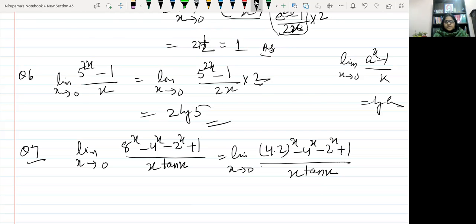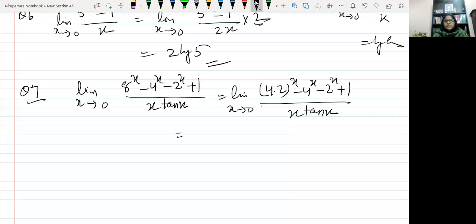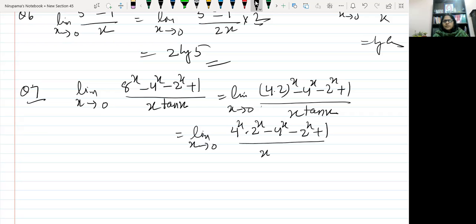So here it is, limit x approaches 0, I can write 4 to the power x into 2 to the power x minus 4 to the power x minus 2 to the power x plus 1, divided by x tan x. Now, you see the numerator can be factorized easily.